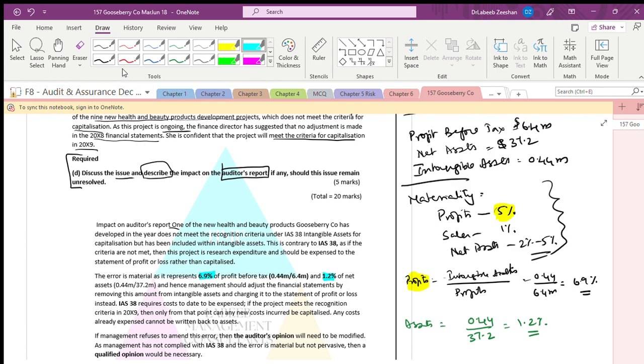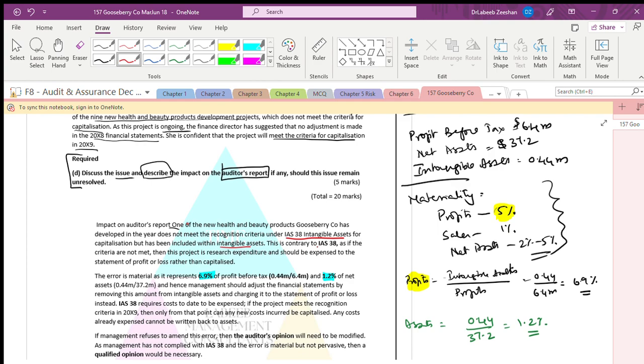Impact on auditor's report, point 1. New health policy Gooseberry has developed this year does not meet the recognition criteria of IAS 38 for intangible assets, but has been included in intangible assets.